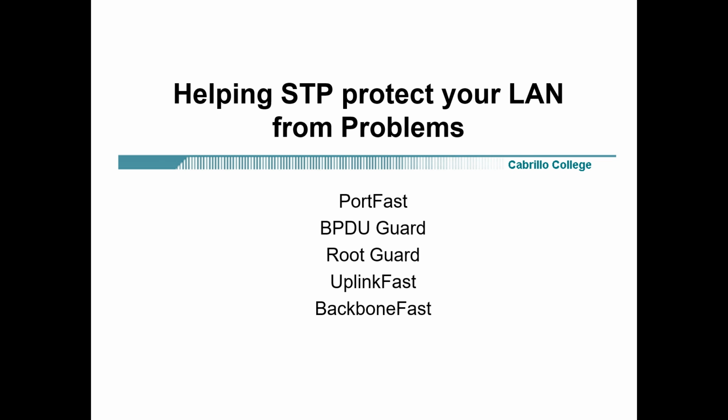So let's get into helping STP protect our LAN from problems. And we do that with things like PortFast, BPDU guard, root guard, UplinkFast, and BackboneFast. So those are just some of the technologies dealing with our STP enhancements.